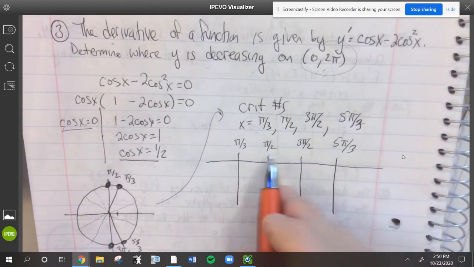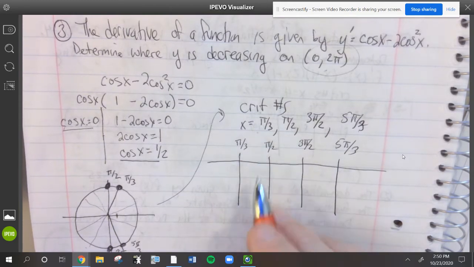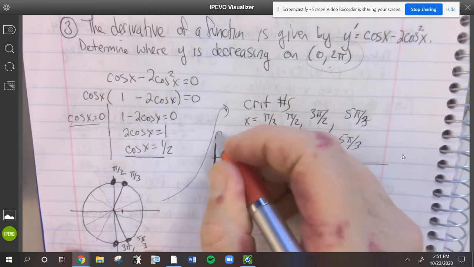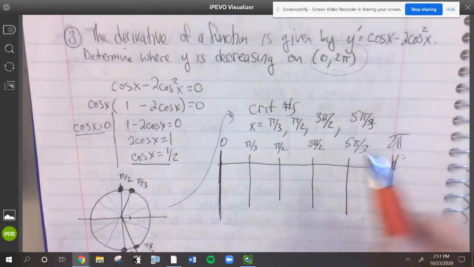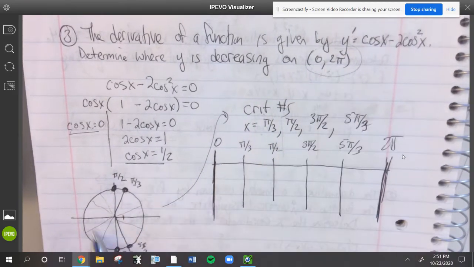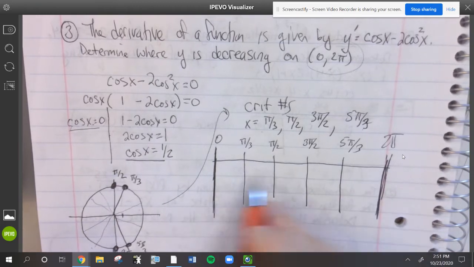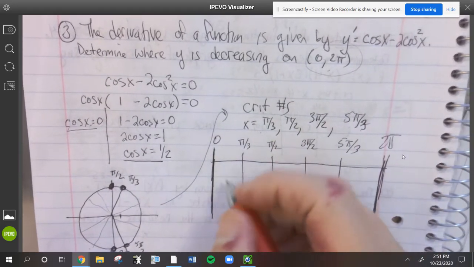We're pretty good with that, I think. Like this is pi over 3 to pi over 2, etc. But I do want to remind you, starting at 0, ending at 2 pi, 0 and 2 pi are not critical numbers, so you may use them in your tests. And I prefer to use them when they're not actual critical numbers. So my tests are going to be this.